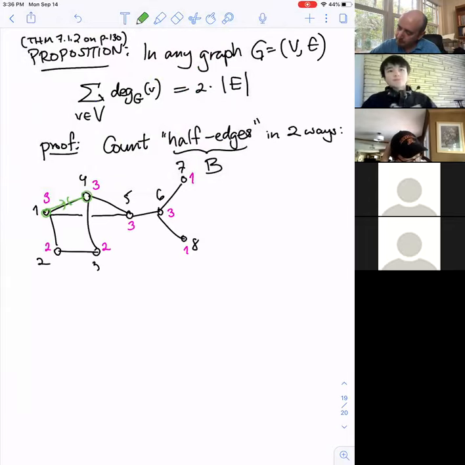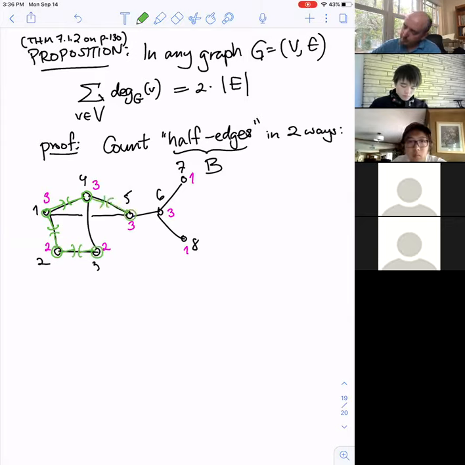They look like this. Okay, so everybody remember what I was saying about half edges and why these would be the half edges in this graph?